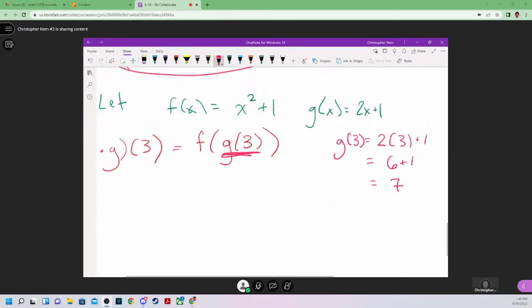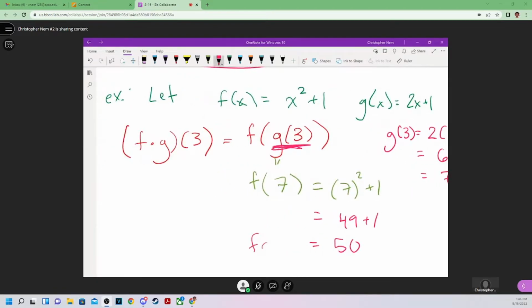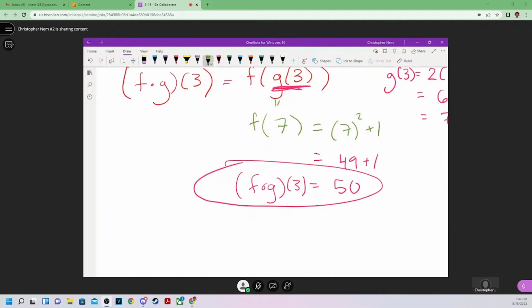Now my function f has a 7 thrown inside it instead. So this is going to give me 7 squared plus 1, which is exactly 49 plus 1, which is equal to 50. This is f of g of 3. So we got 50.